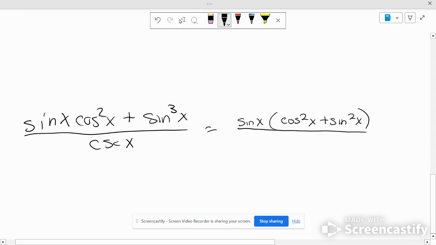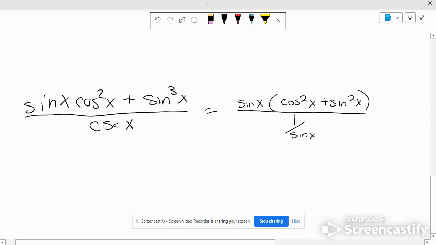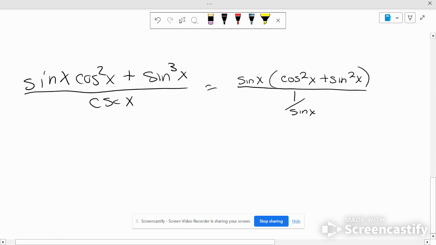What's my denominator going to be? 1 over sine of x. What's cosine squared plus sine squared? 1. So I have sine of x times 1 over sine of x.